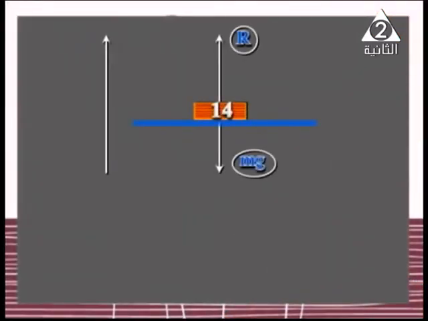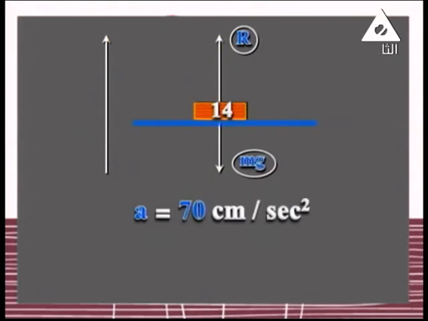In this case, my dear student, the lift moves upward. The acceleration equals 70 centimeter per second squared, which means 0.7 meter per second squared.